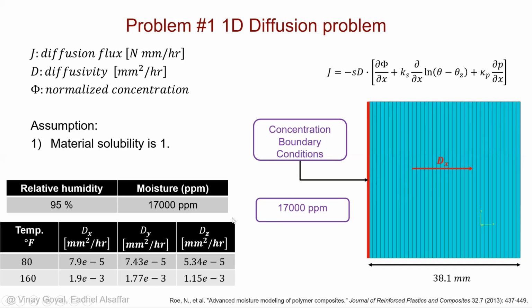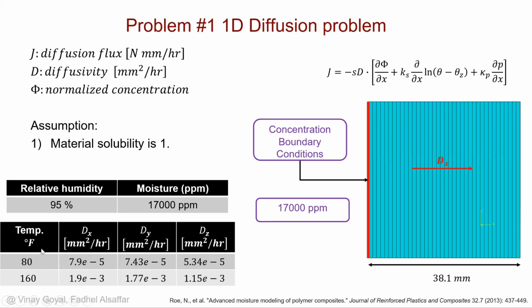The properties that we have are shown here on the left table, in which we have dx, dy, dz, in which the dy, dz we will not be using, at least for now. We use them for the 3D, but the dx, which is the diffusivity of the material, which is analogous to the thermal conductivity for a thermal problem, is described as such.